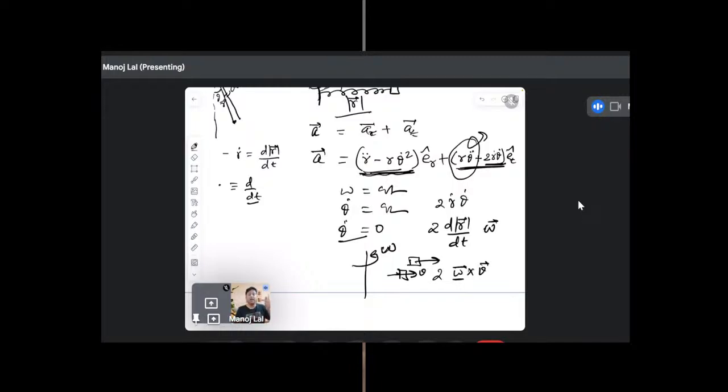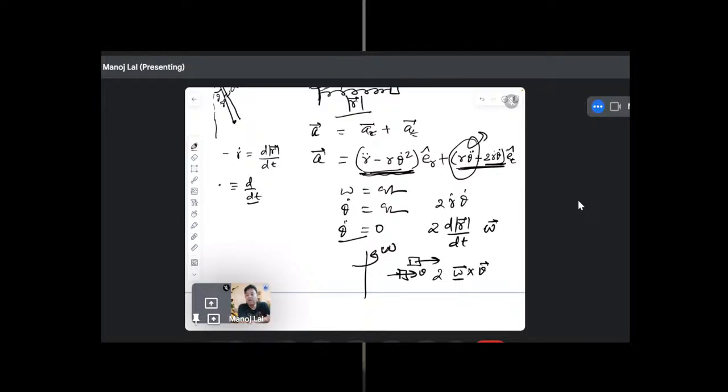So if you see the cross product omega cross v, omega is this, v is this, so this acceleration is like this. It is perpendicular to the length of the rod, and it is in the same plane in which the rod is revolving.